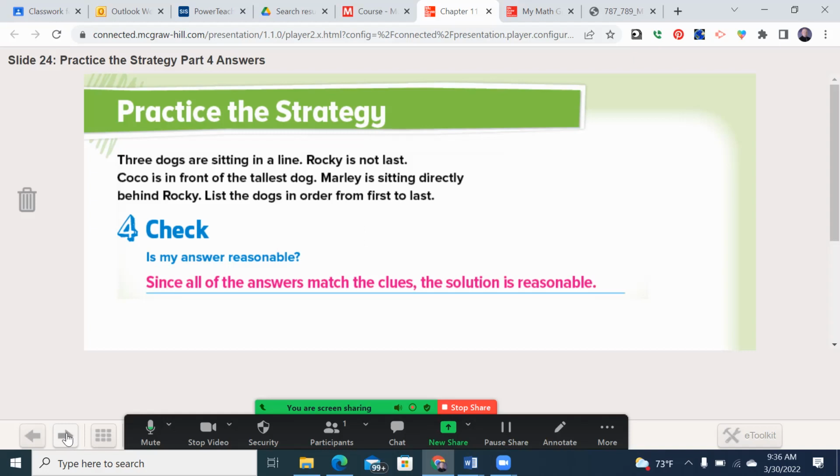So that left Marley there. However, with the clue of Coco is in front of the tallest dog, that could have caused a problem for you because, well, is Marley the tallest dog? We don't really know. So that is one area of trepidation on this one.